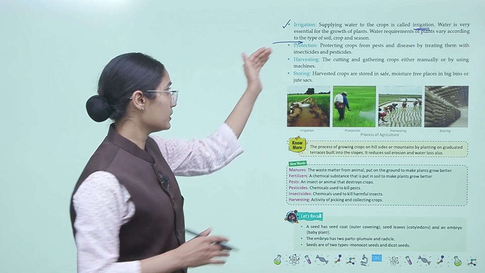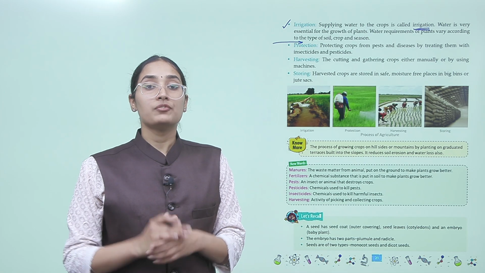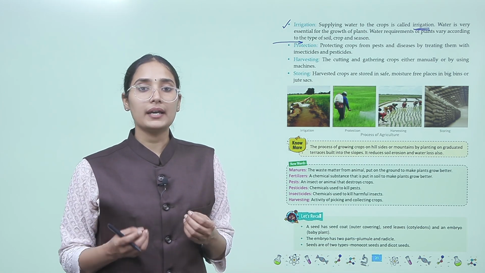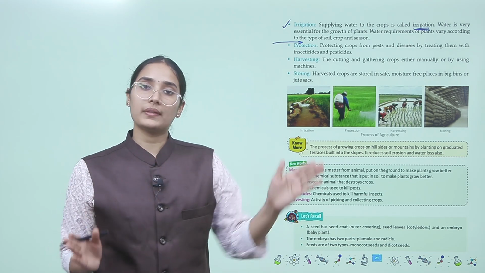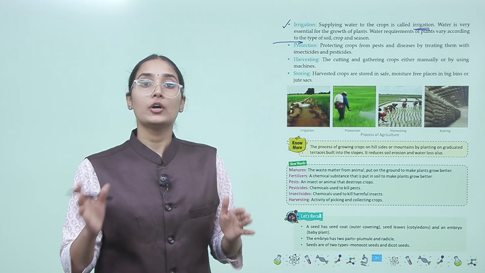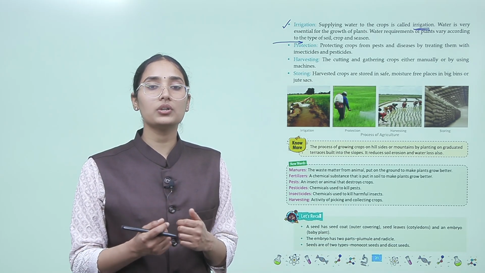So after the plants have grown to some extent, we provide them extra protection. How? By putting some insecticides or pesticides. So this is one method. Another method is by putting bioenzymes, or by providing extra nutrients to the plant.